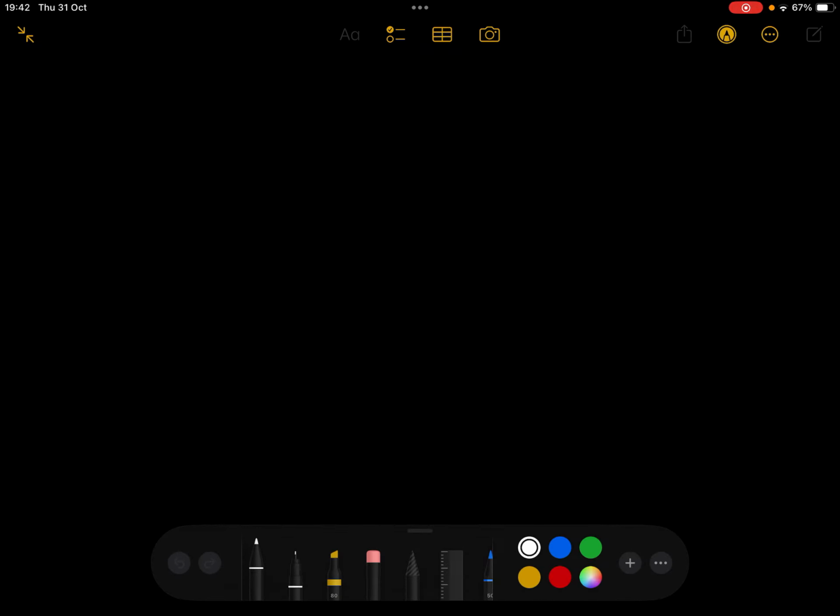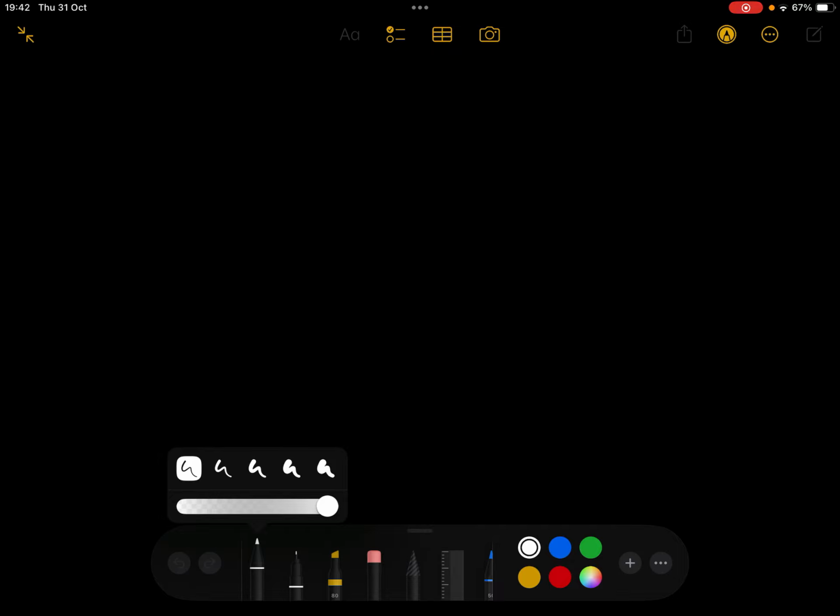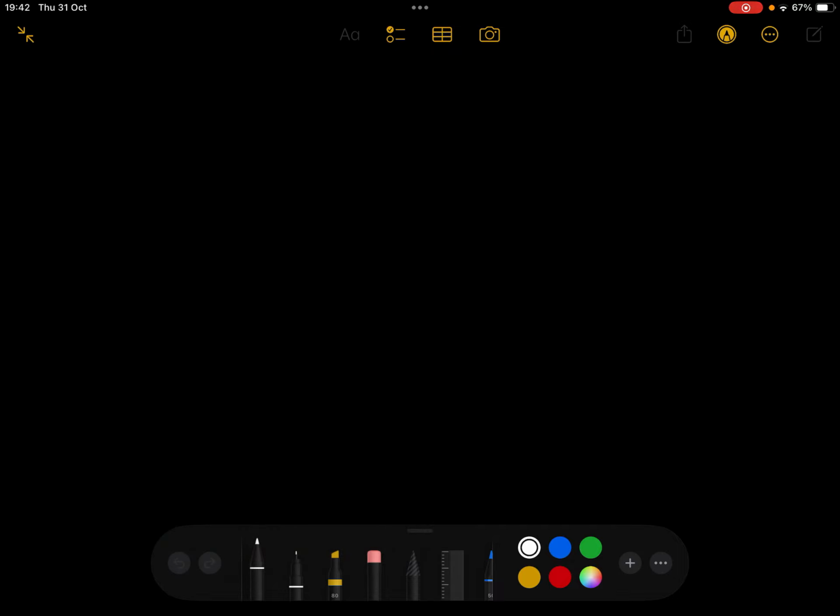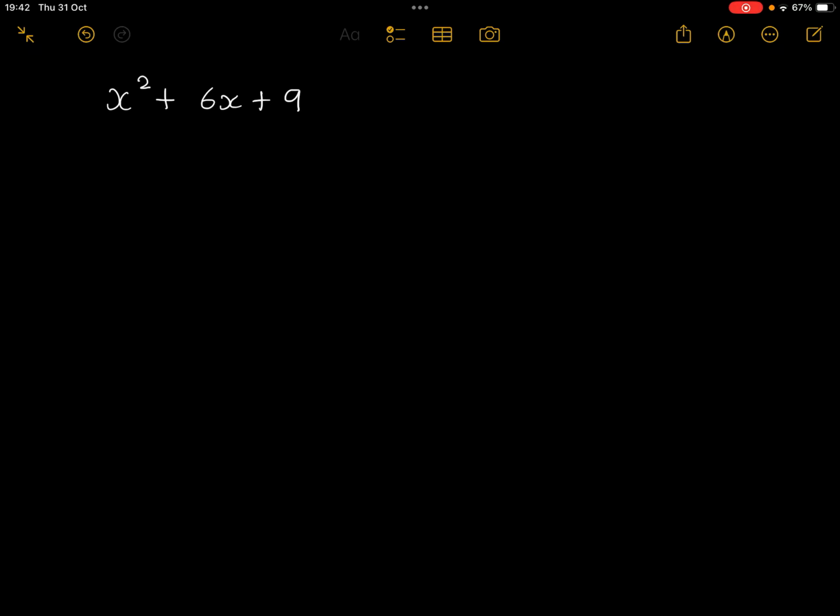So now let's look at the actual roots and how to factorise a quadratic. So say if we have a quadratic such as this. We have x squared plus 6x plus 9.